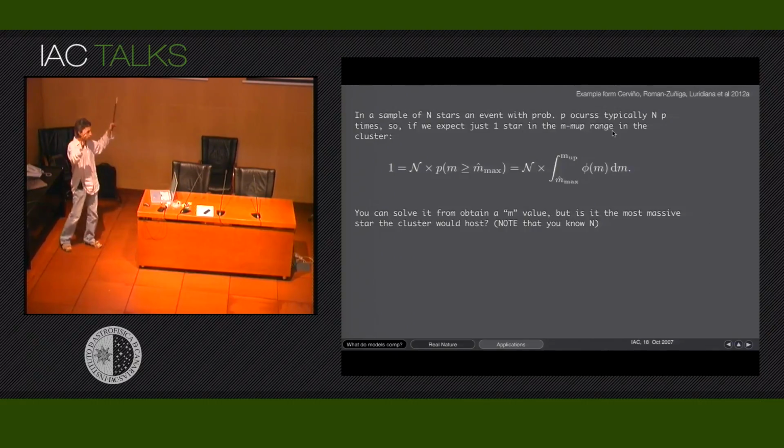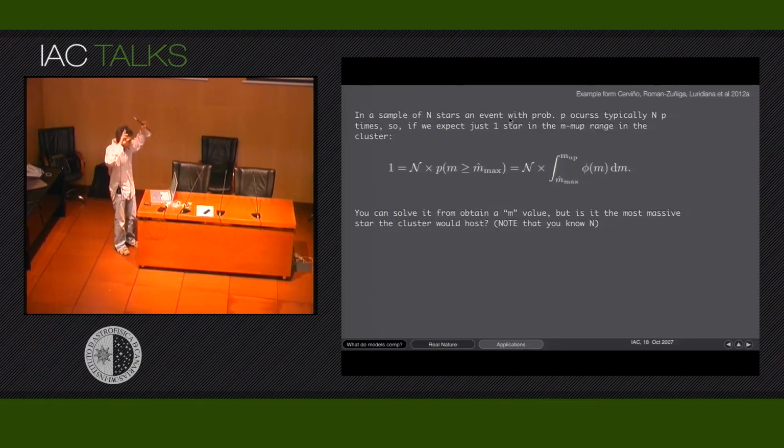Suppose you have a sample of n stars. If an event with probability P occurs, it typically occurs n times P. So if we expect to have just one star in the range, here with the initial mass function, for example, between the upper mass limit of the initial mass function and a given mass limit, you can put this equation.